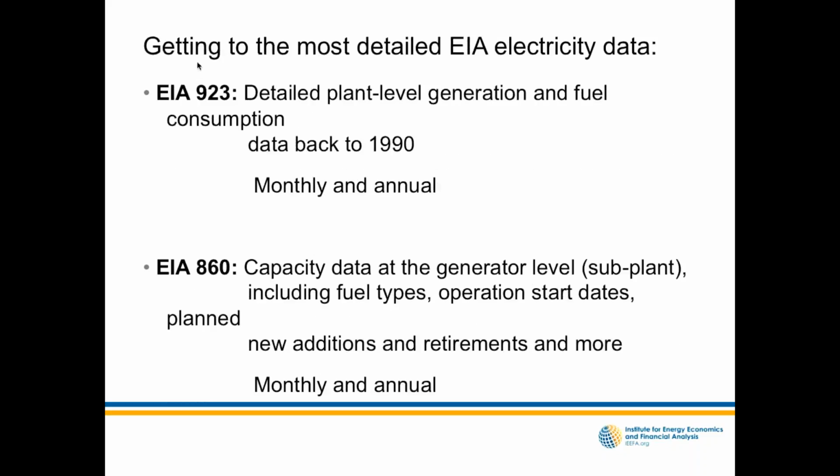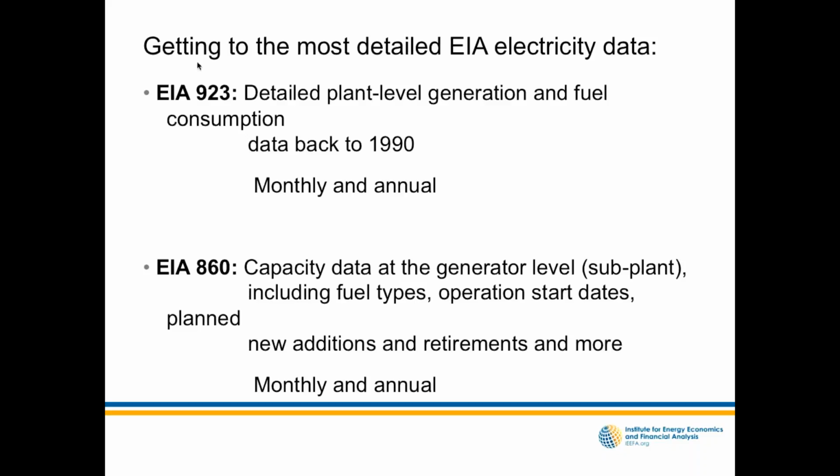The first part that I want to talk about is the plant and generator level data that's available from EIA. There are two forms specifically that we're going to talk about. EIA Form 923, which provides detailed plant level generation and fuel consumption, and EIA Form 860, which is much simpler than 923.